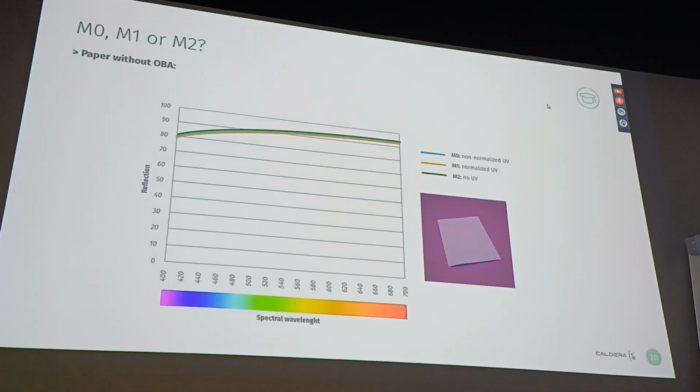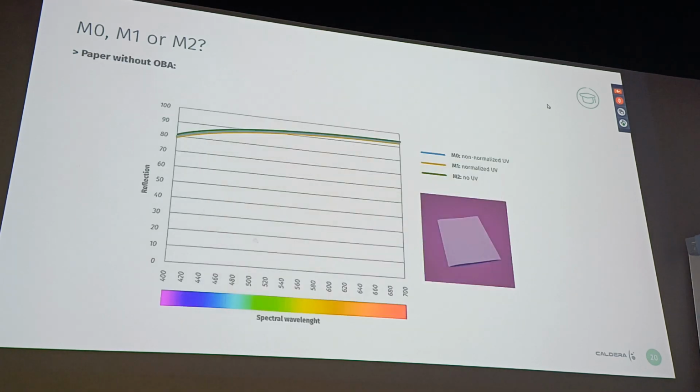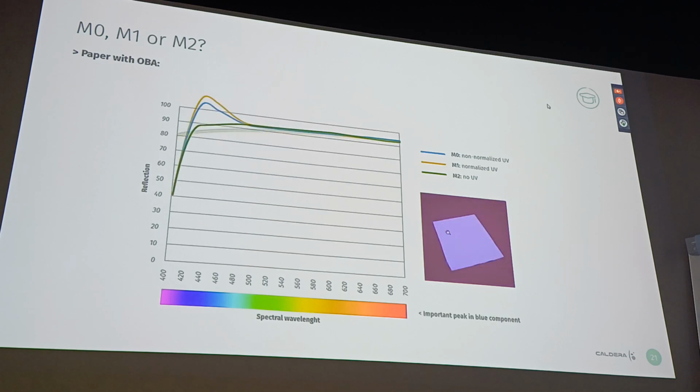And this is another example using this sample. You can see that there is no gap in the wavelength. There is nothing really special to see. And if we switch to the polyester fabric, we can see here that we have a huge peak in the blue area, especially when you are using the M0 and the M1 mode, as you can see.